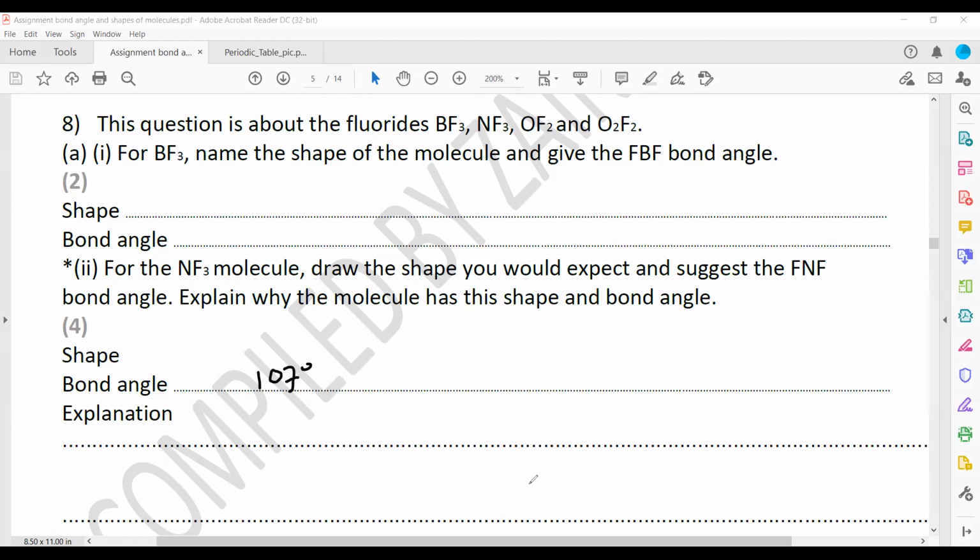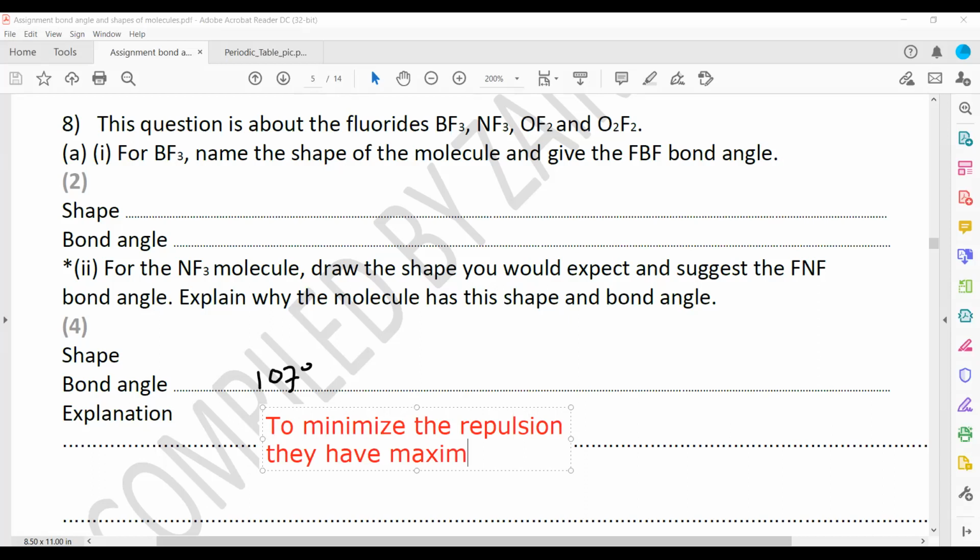With this number of bond pairs, this is the maximum separation. So it's a standard answer.